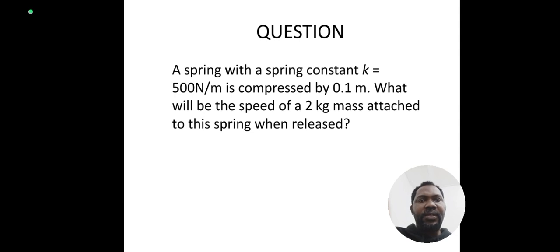It says a spring with a spring constant K equal to 500 newton per meter is compressed by 0.1 meters. Okay, what will be the speed of a 2 kilogram mass attached to the spring when released? Okay, this question has to do with conservation of energy.